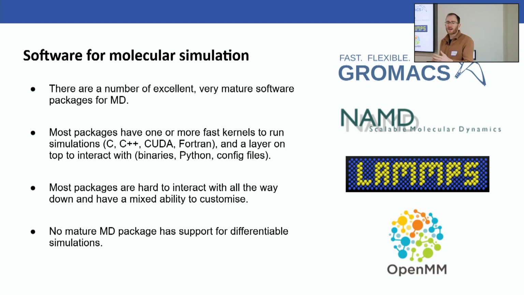So in the case of GROMACS, that's binaries and configuration files. And in the case of OpenMM, that's a Python interface. But that means that these packages are hard to interact with all the way down. They're often hard to reason about and understand, often hard to customize. And there's no mature package which has support for differentiable simulations, which I'll explain in a bit.